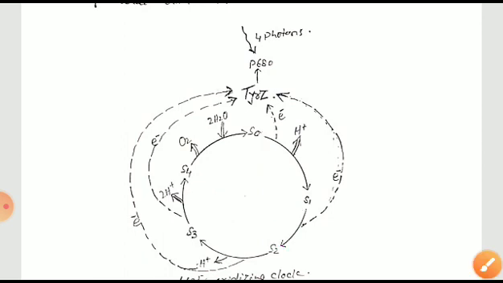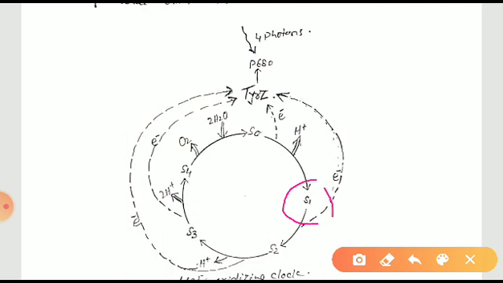What happens actually in darkness? The water oxidizing clock is either in S0 or S1 state, but the more predominant one is S1 state.